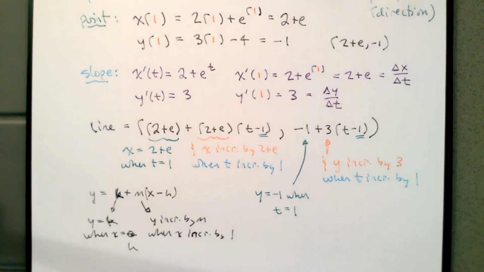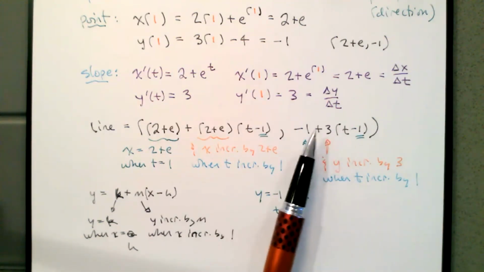Thanks. How about if we look on the left, 2 plus e, and then 2 plus e times t minus 1? Which one is the slope? Which one is the constant being multiplied by t? See that here's the change in y with respect to t.